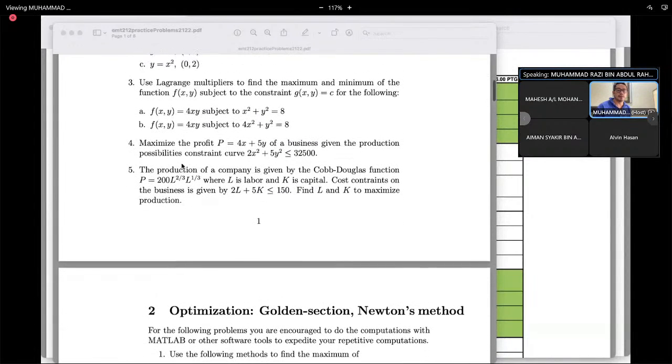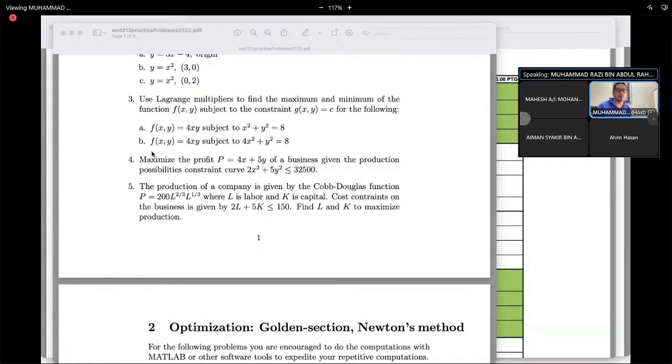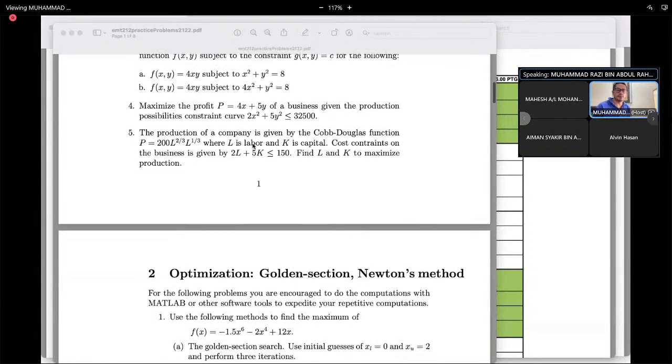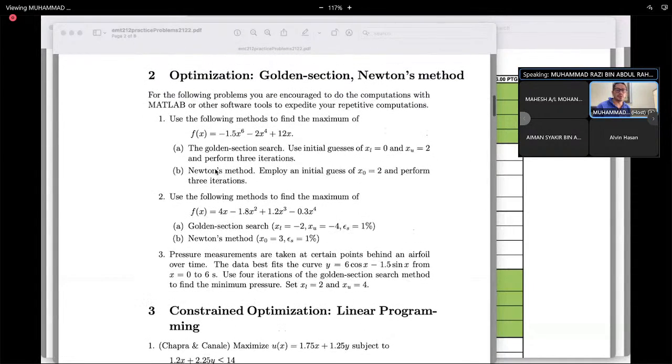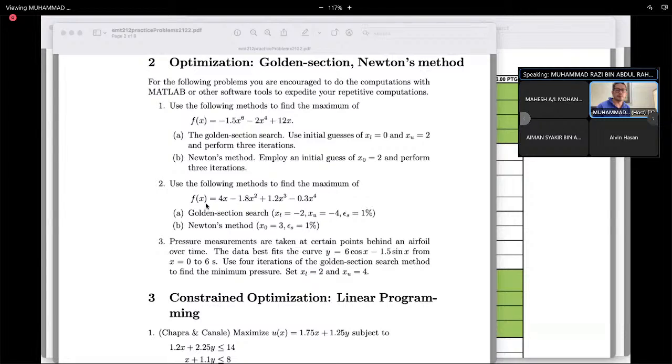My plan is only to share the solution for 3B here, and also for this optimization in section 2, question number 2.